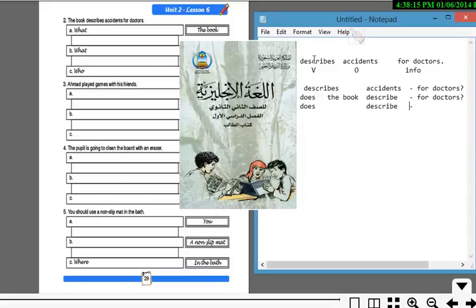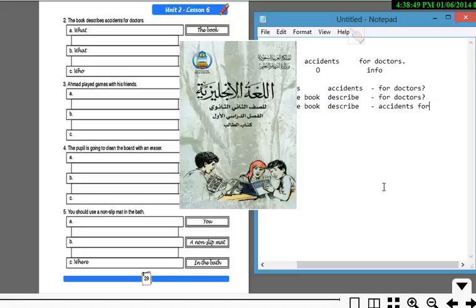I still have a subject and an object to put on, which is the book and accidents. So we say who does the book describe accidents for?